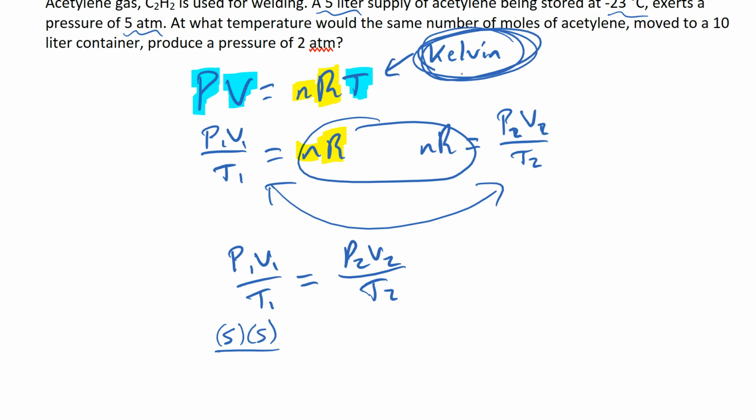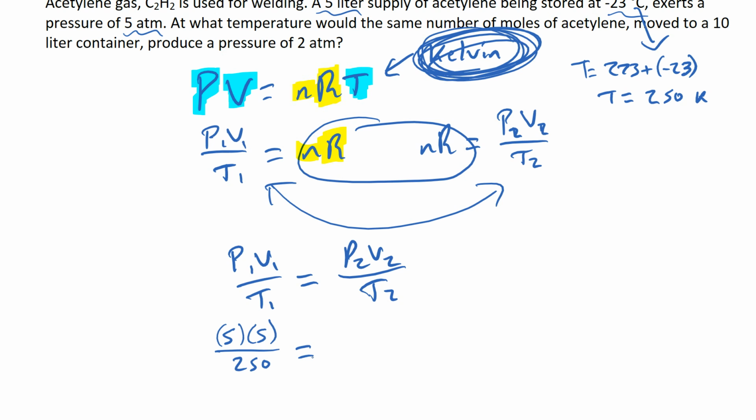Oh, that's right, Kelvin. So I'm going to take this temperature and convert it to Kelvin. It's 273 plus the degrees Celsius, which in this case is negative 23. When you do that, you find that the temperature in Kelvin is 250 Kelvin. Not degrees Kelvin, Kelvin. So 250 Kelvin is what I'm plugging in.